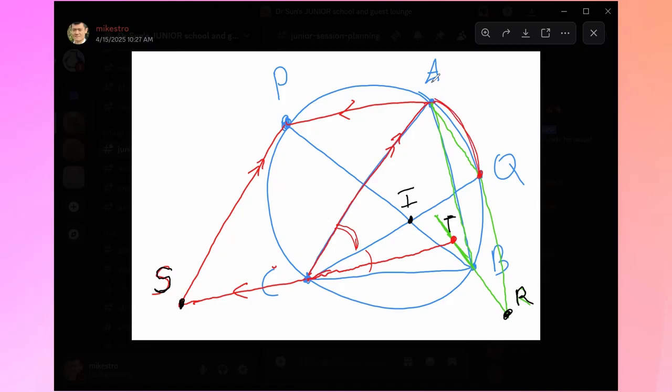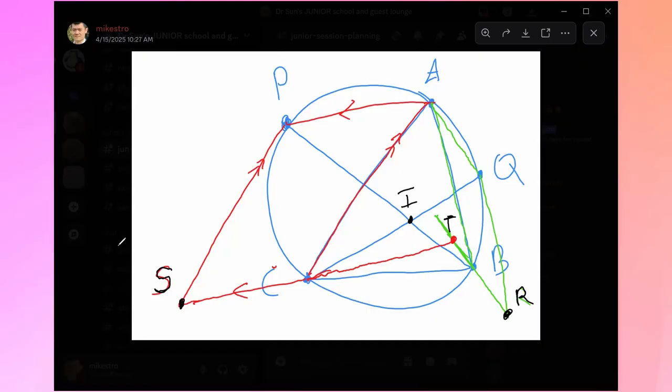And if you have an equal length arc, then it should make the same angle, sort of by symmetry, because you could rotate this arc over here, for example. So the point P lies at the middle of the arc AC, and the point Q lies in the middle of the arc AB. So we kind of know exactly where P and Q are.